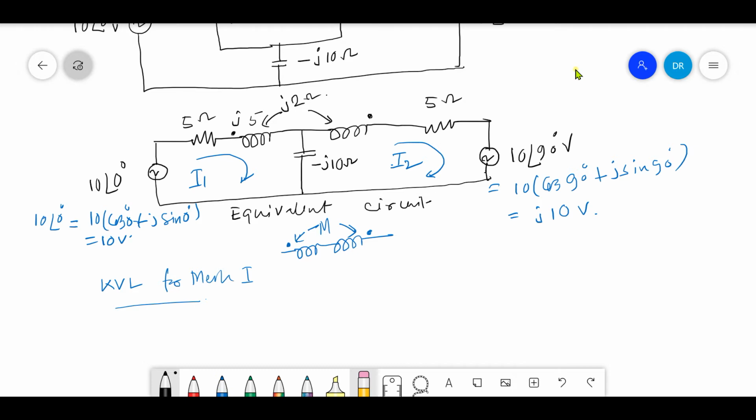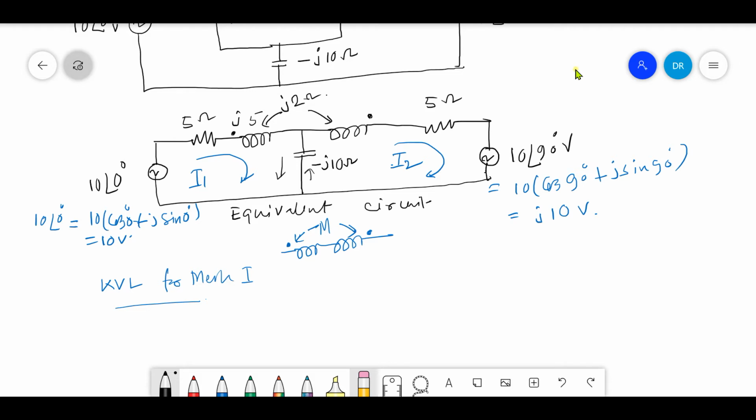Now we have to write the KVL equations. This is the most important step for solving coupled circuit problems. So for mesh 1, we write the KVL equation. Here the voltage is equal to 10 volt.